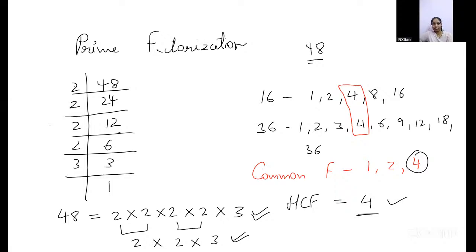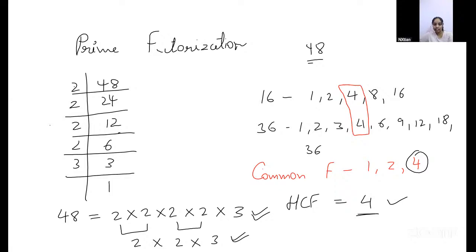Ma'am, when a question says calculate the factors, is it okay if we just give 2 multiplied by 2 multiplied by 2 into 3? If the question tells you to solve by prime factorization, then just giving this part, 2 multiplied by 2 multiplied by 2 into 3, is correct, because this is how prime factorization is done.